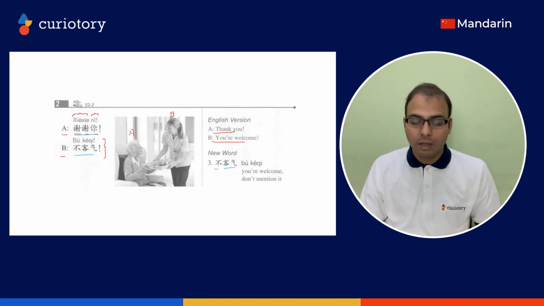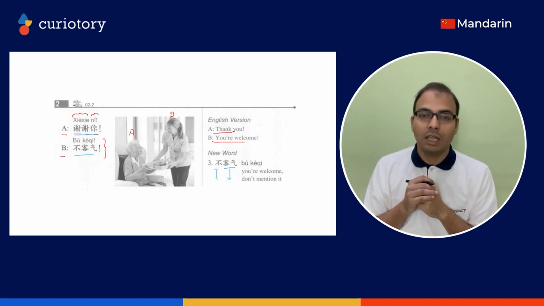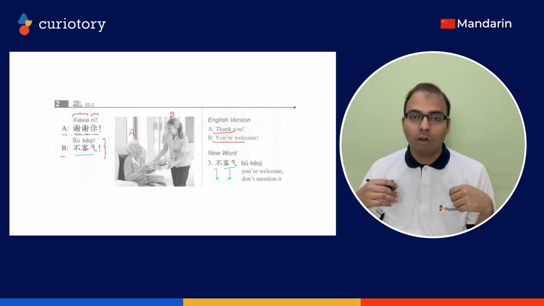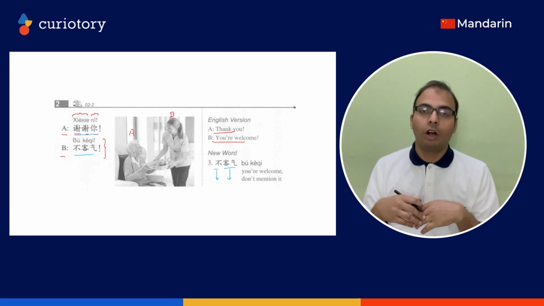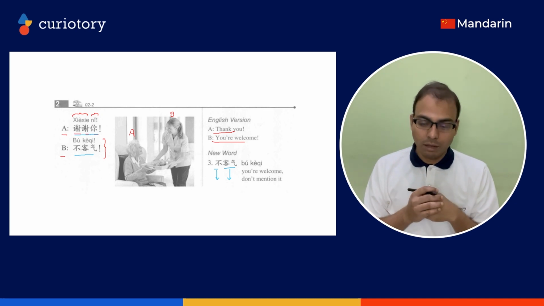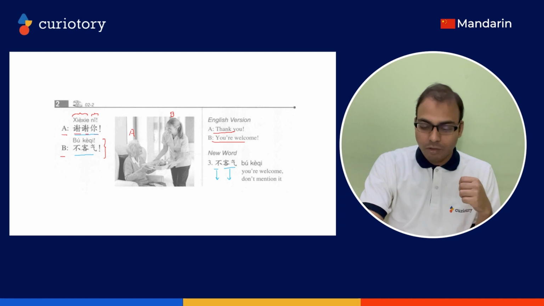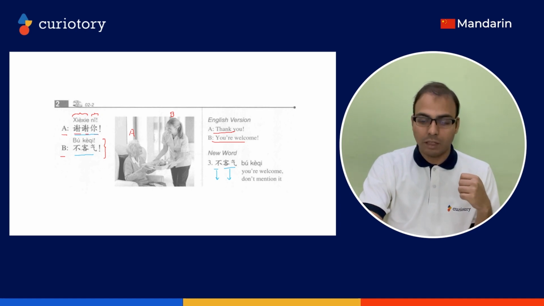So if we combine, 不客气 means no need to be courteous, and its meaning can also be taken as you are welcome or don't mention it. So this was the new word which we learned here, 不客气. I hope this conversation is clear to you.